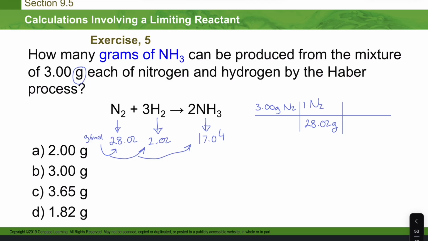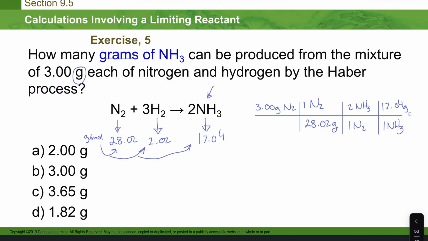We'll then use the stoichiometry of the equation and convert that to the amount of product, which means 1 N2 for every 2 NH3. Now, you can stop there if all you're trying to do is figure out what the limiting reactant is. However, it's asking for the grams of NH3, so I'm going to go all the way to grams here. 1 NH3 is going to be 17.04 grams.